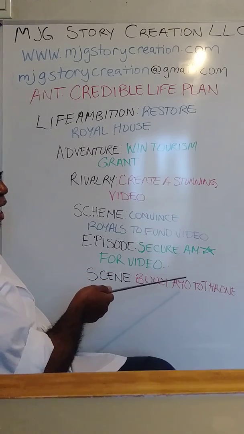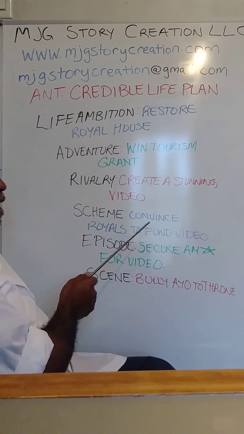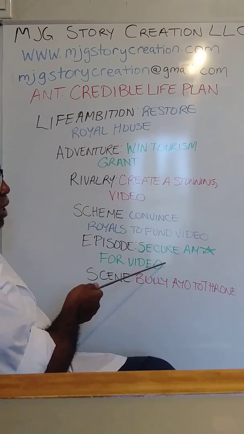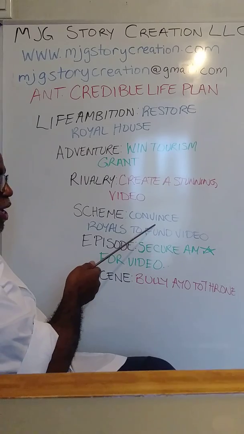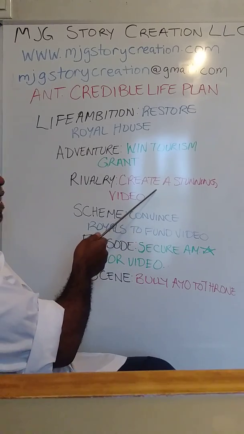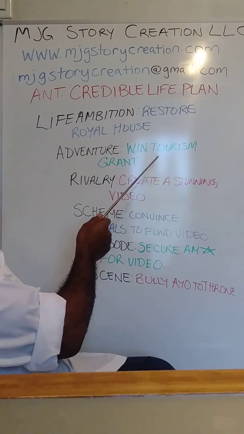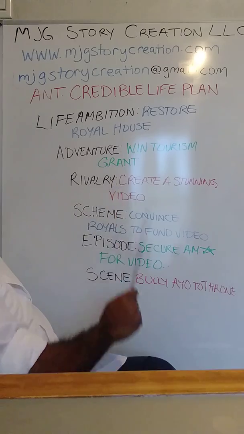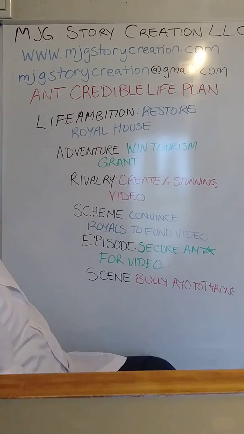So it's not just the king making decisions by himself. He has a council around him. So once they secure the American star, then she can convince the council to fund the video. Then they can create a stunning video and get an opportunity to win the tourism grant, and in a lifetime be well on their way to restoring the pride or the glory of the royal house.